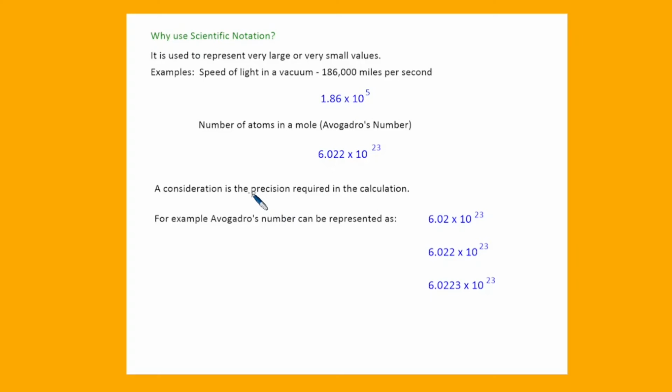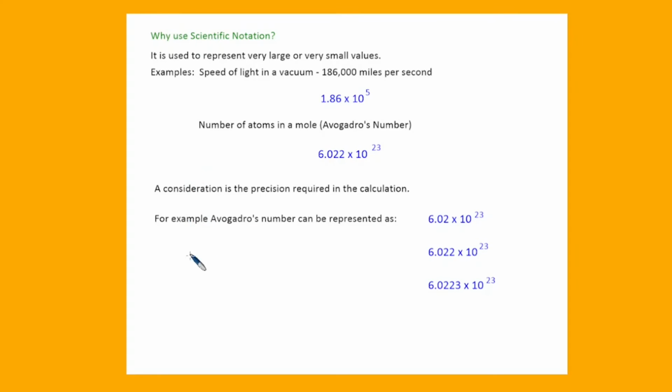A consideration when you're using scientific notation is the precision required for your calculation. Usually, when you're working with computers, you don't think about this so much. It doesn't matter if you go out 20 decimal places or not. But in reality, those decimal places do have an effect on your overall calculation.